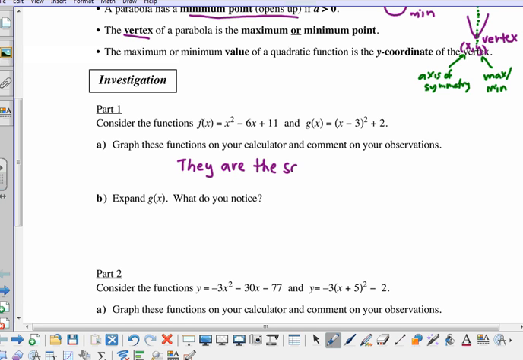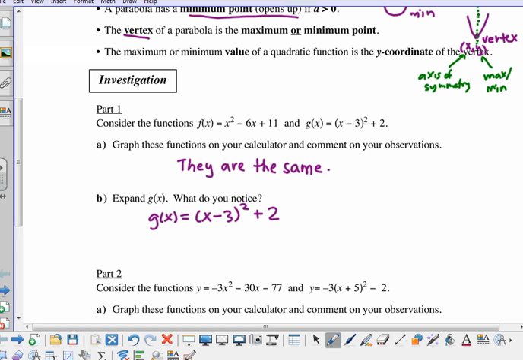They are the same. So it says expand g of x. What does it mean to expand? If we have g of x, what part are we expanding? Well, g of x is just another way to write y.